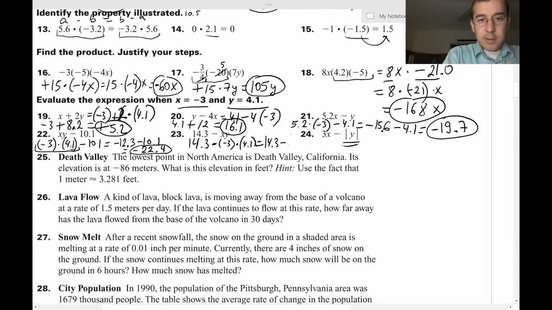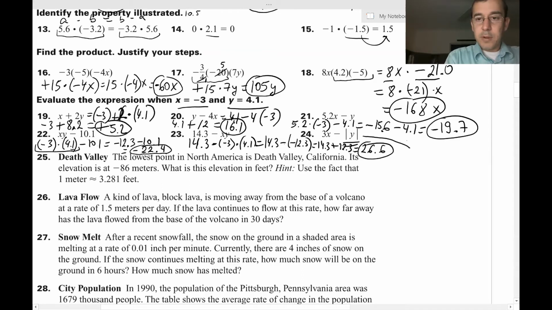We have different signs. So this is going to be minus 12.3. Or this is 14.3 plus. We have two minuses. That equals plus 12.3. Or this is 26.6. That's the answer for 23.